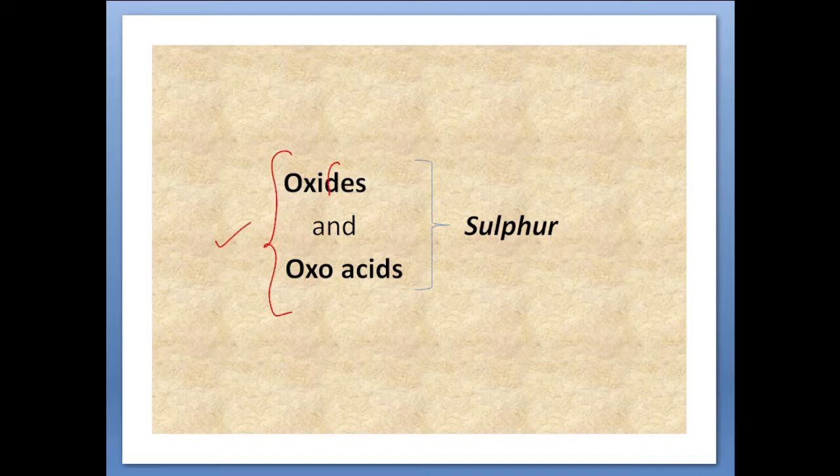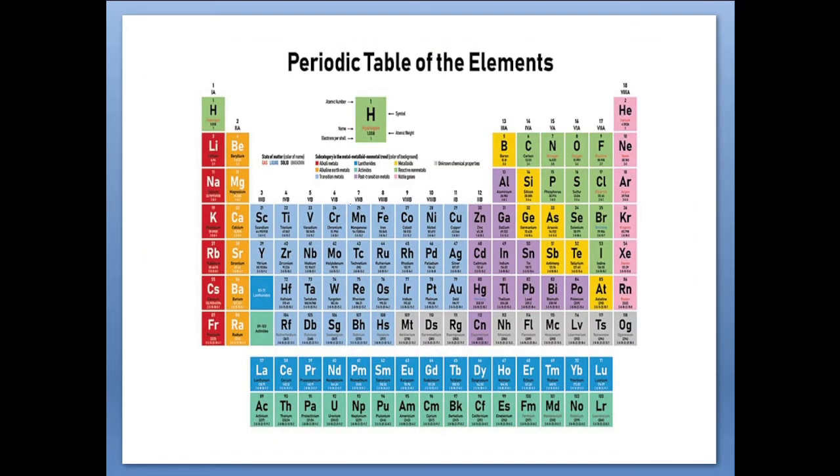Before going to the topic, we should know which group element sulfur is, what the atomic number of sulfur is, and what the electronic configuration of sulfur is, etc. So this is a periodic table.